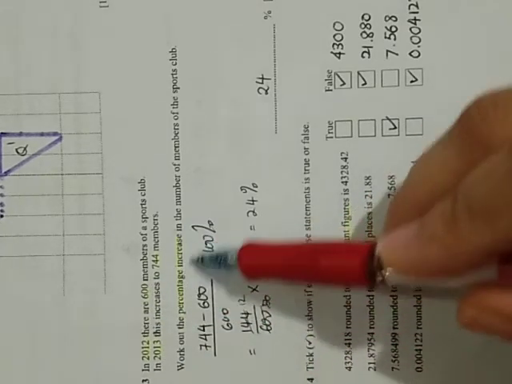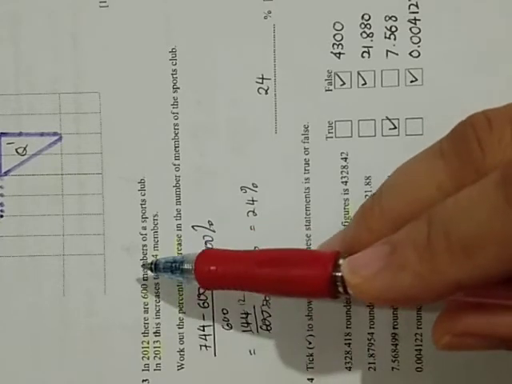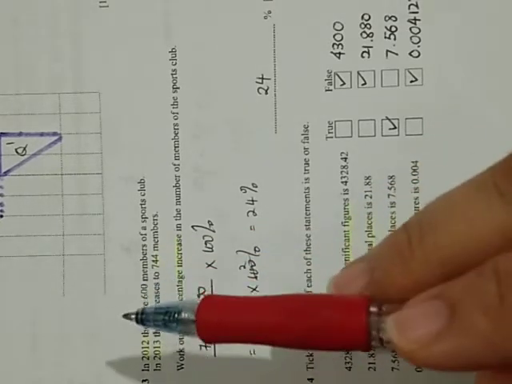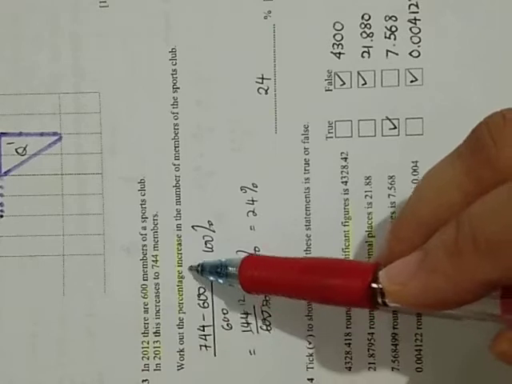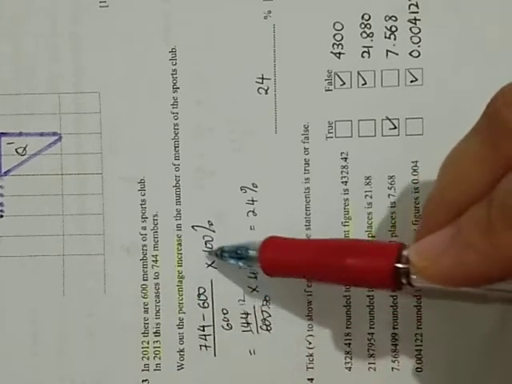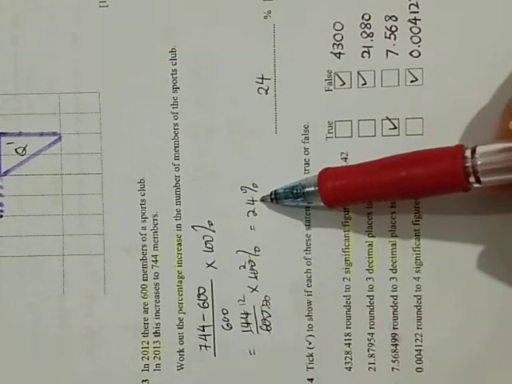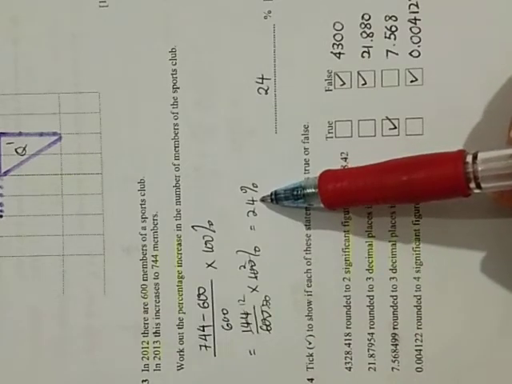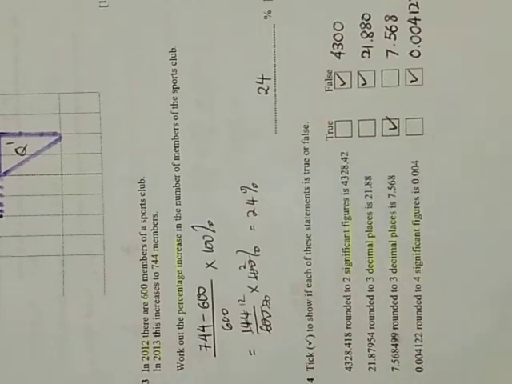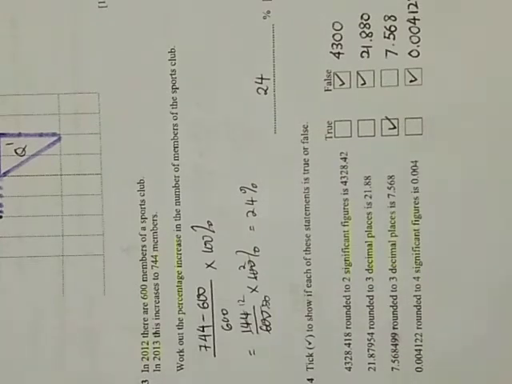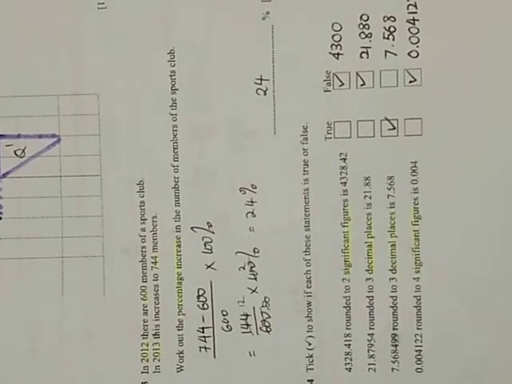Because we talk about increase, all right? If we talk about decrease, we must have a point of reference. So times 100% to get your percentage, and we shall get 24%. Very simple too.